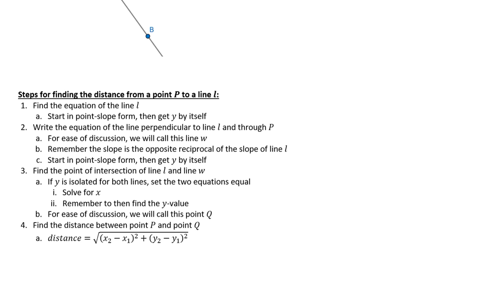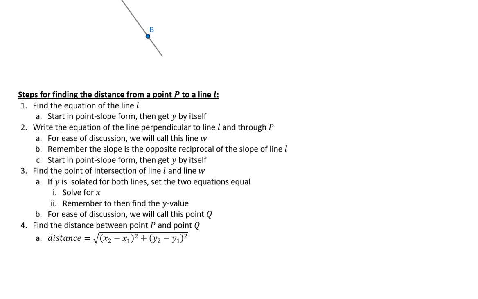Step 2, write the equation of the line perpendicular to L that goes through our given point P. I'm going to refer to this as line W just because it's a lot easier rather than having to constantly say the line perpendicular to L through P. That's going to be line W. Remember that your slope is the opposite reciprocal of L. And again, it's easiest to start in point slope form, and then for a later step, get y by itself.